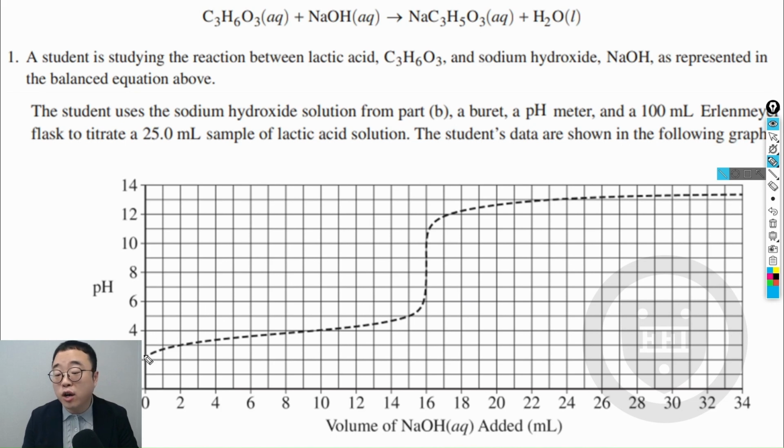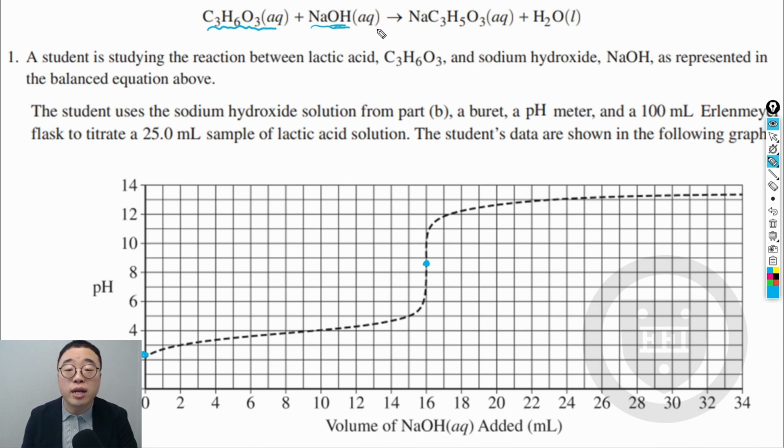First, we have a weak acid, so it's going to have a low pH, but not too low because it's a weak acid. Then, as you continue to add the OH, strong base, hydroxide ions, we're going to have a steady increase in the pH. And then here we have an equivalence point, at which the number of moles of the weak acid and the strong base are exactly the same.